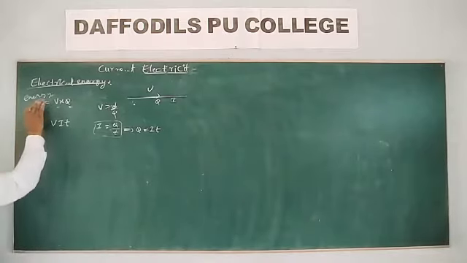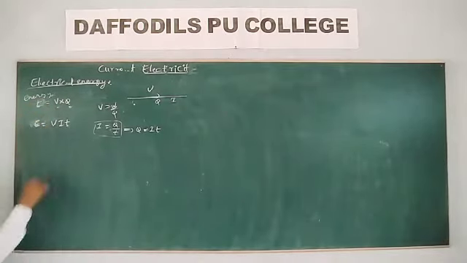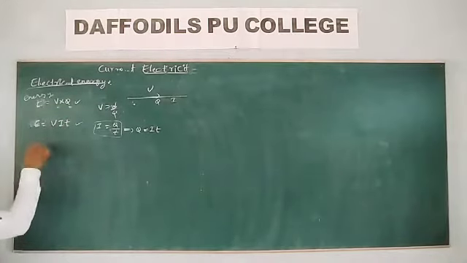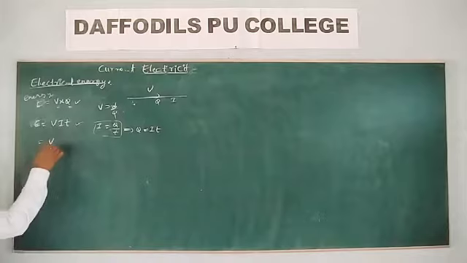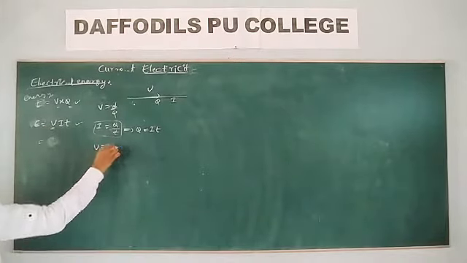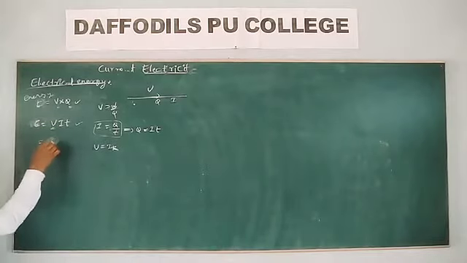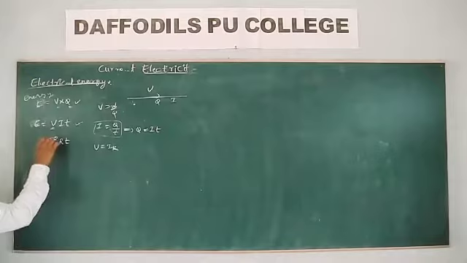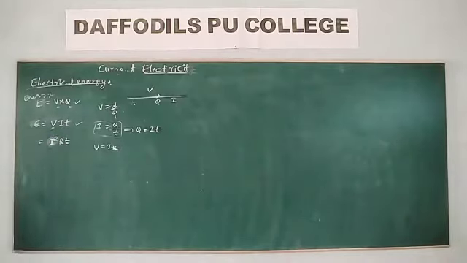So E is equal to VIT, or V into Q. We can even write, from Ohm's law, V is equal to IR. Substituting IR into IT, we get I square RT.